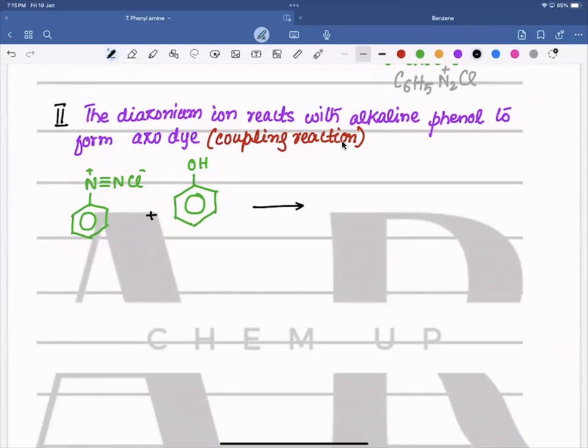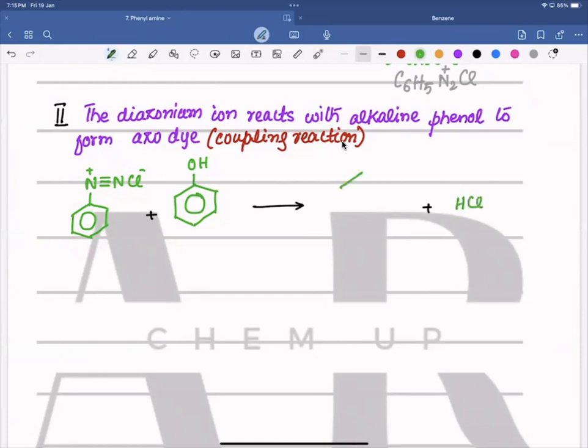So what will happen is that it loses the chloride ion, and from the benzene ring a hydrogen ion is released, and that hydrogen ion is actually displaced.